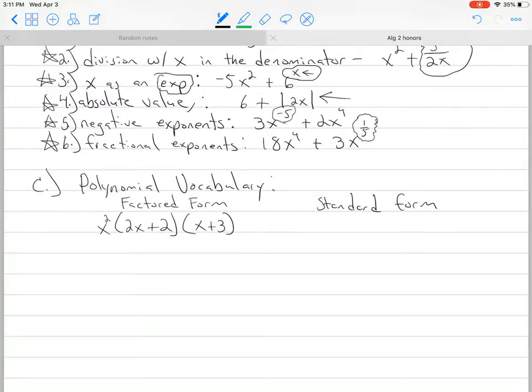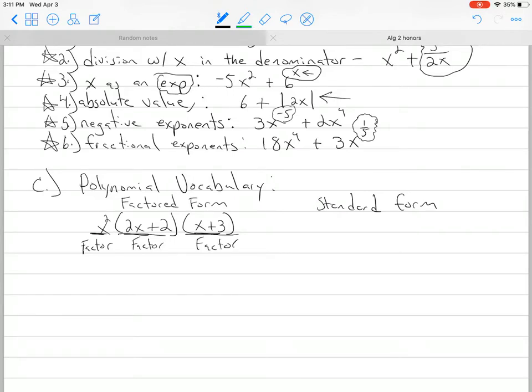So, now we're going to get some basic polynomial vocabulary. As I talked about a little bit earlier, we have this factored form. So this is an example of factored form, where you have 3 different factors, right? So x squared is a factor. 2x plus 2 is a factor. x plus 3 is a factor.